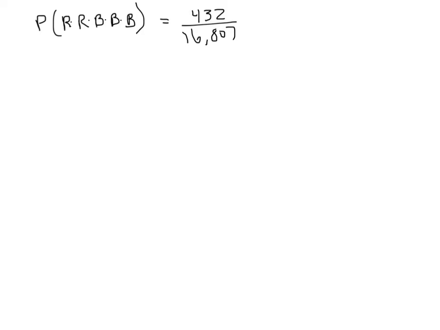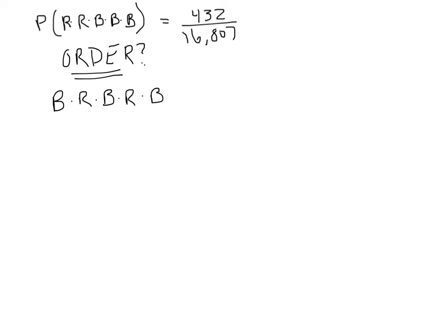Here's the problem. It doesn't necessarily have to be in this order. And so what I need to do is figure out, what if it doesn't happen in this order? What if I get a blue first, and then a red, and then a blue, and then a red, and then a blue? That's also exactly 2 out of 5 reds.